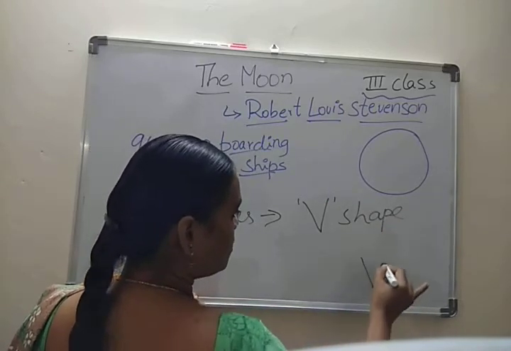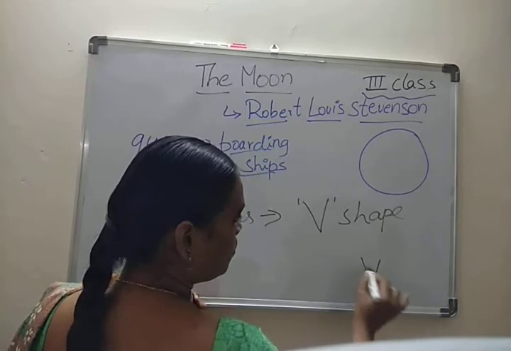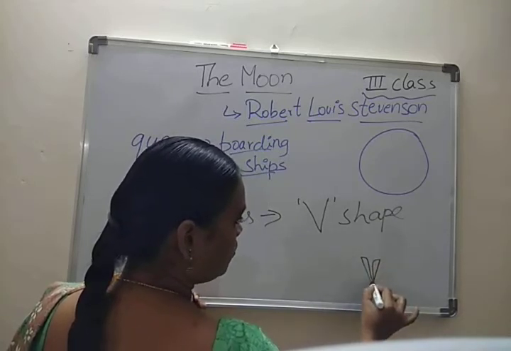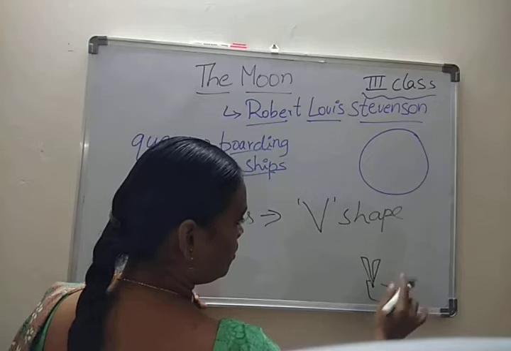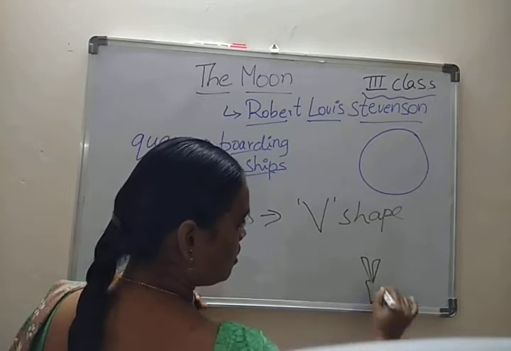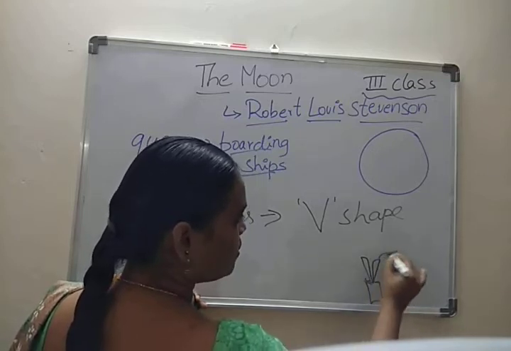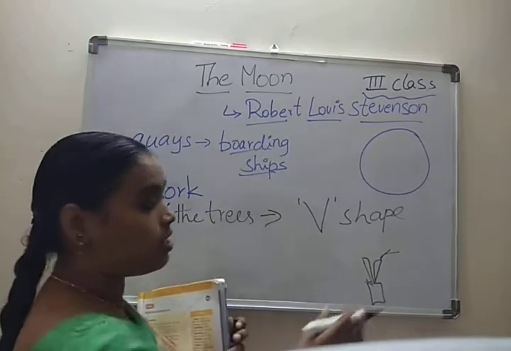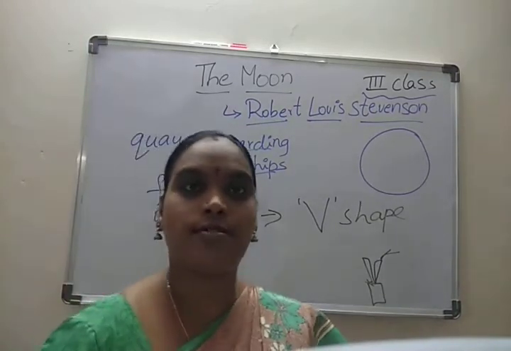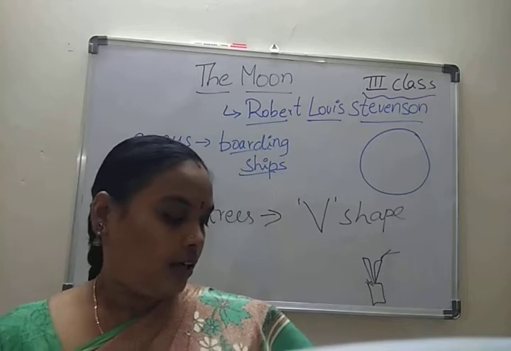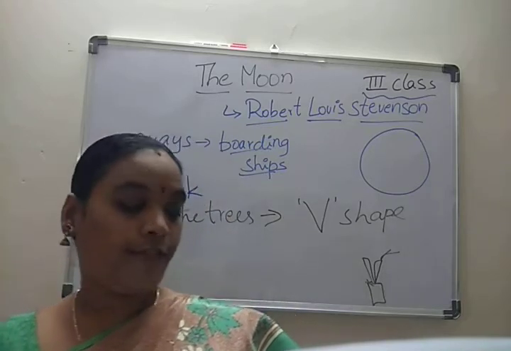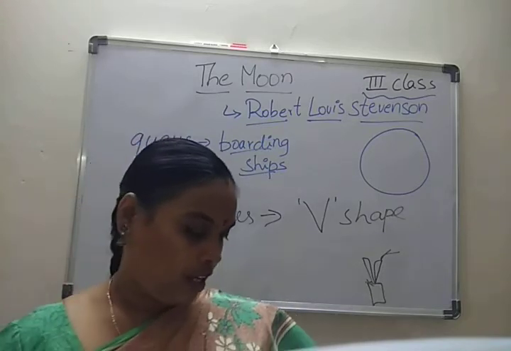One tree is there, and these branches are there. In the branches it is formed like a V shape. That is known as fork. And birdies asleep in the forks of the trees.